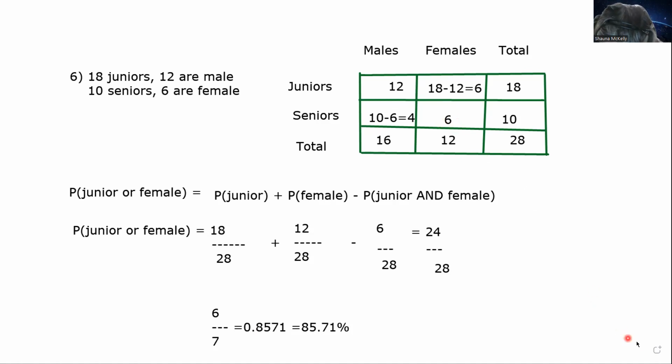So I'll write this out. This is going to be 6B now. 6B is going to be the probability of seniors or female. Okay. Senior or female.